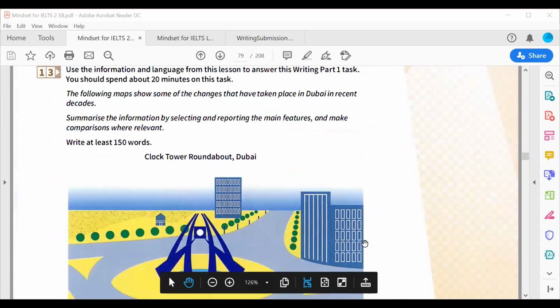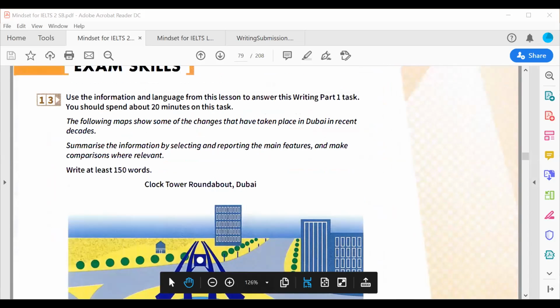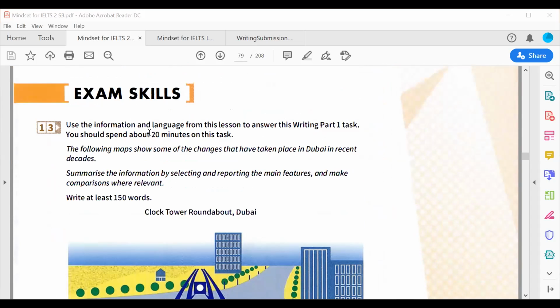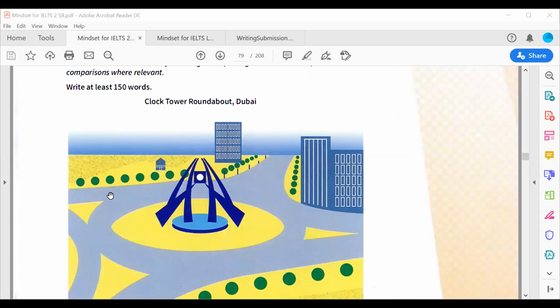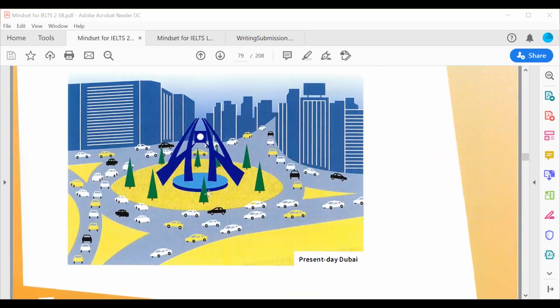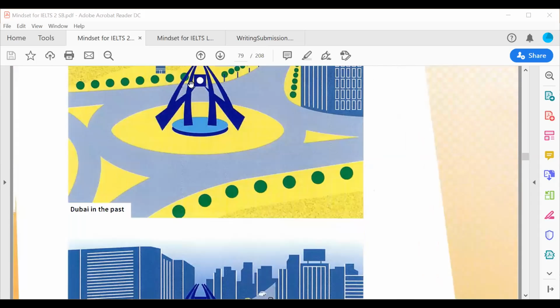And for the last exercise, your main homework will be to use the information and language from this lesson to answer this writing part 1 task. You should spend about 20 minutes on this task. So let's see what it is. Wow, this looks really simple. Just try your writing on this one.